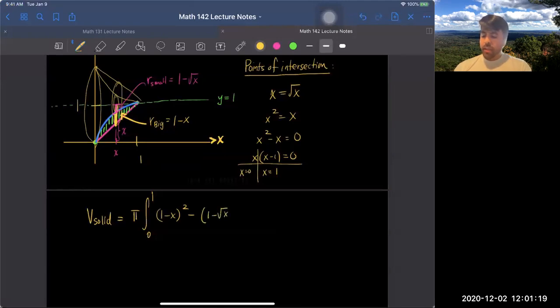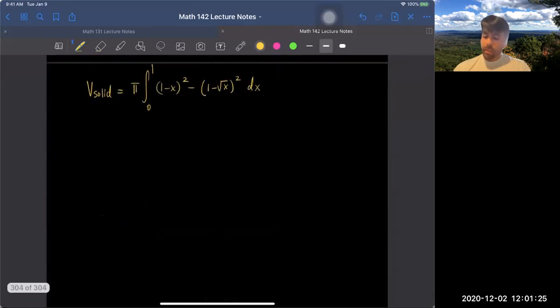So this is the integral of 1 minus x squared, minus 1 minus rad x squared dx. Let's do this real quick. It's going to be 1 minus 2x plus x squared, minus 1 minus 2 rad x plus x, dx.